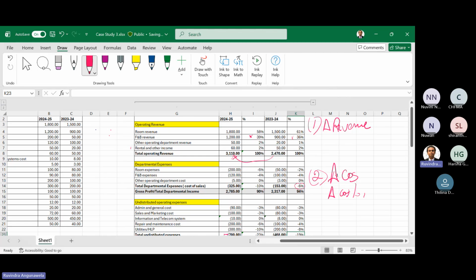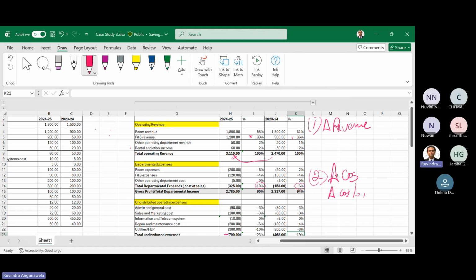But for 24-25, this cost of sales percentage has gone up to 10%, which means that cost of sales has taken a bigger chunk of your revenue, meaning that your profitability will deteriorate. The cost of sales from 6% has gone to 10% of your revenue, so it is taking out a bigger chunk in 24-25.